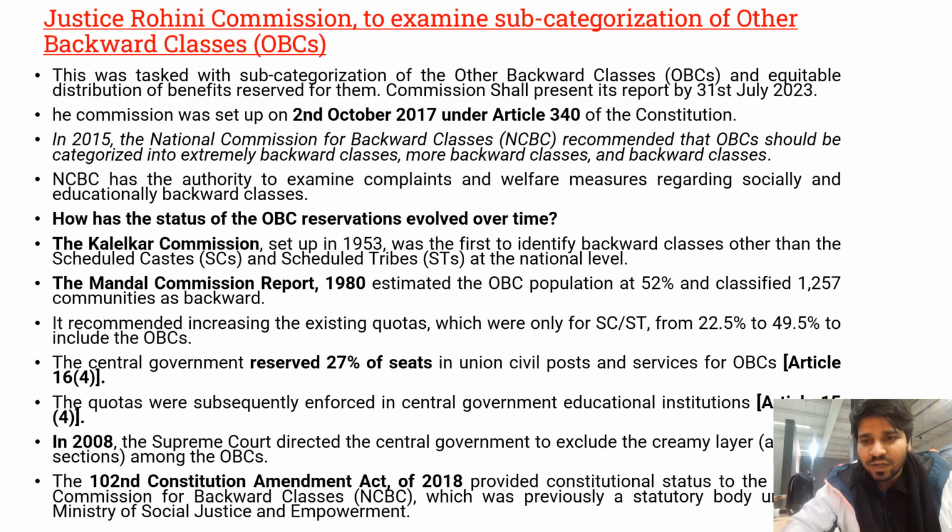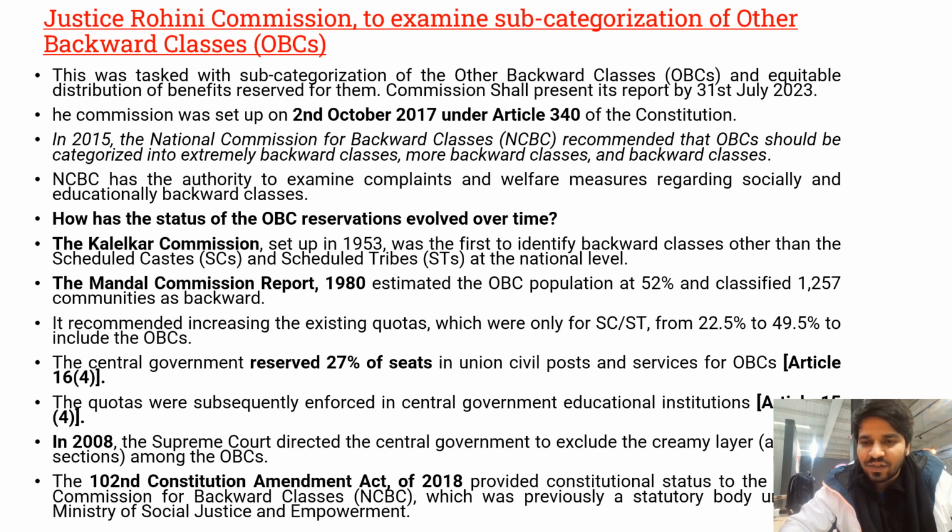Okay. Now let us understand what is the Justice Rohini Commission. This is a very important topic. Justice Rohini Commission to examine subcategorization of other backward classes. This subcategorization of other backward classes was contemplated in 2017, and this commission was formed in 2017 to subcategorize the OBCs, and it had given some recommendations.